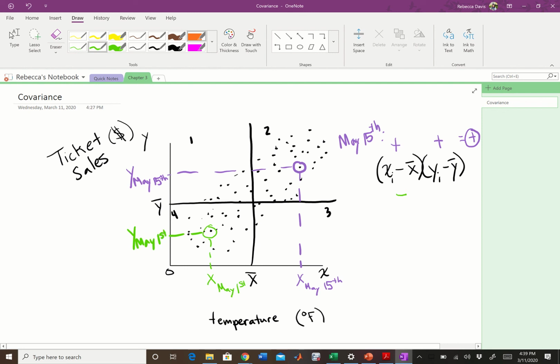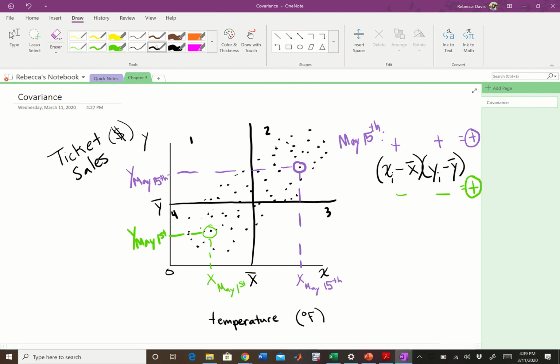And notice here that the ticket sales for May 1st were below average, which means this second set of parentheses in our covariance formula will be negative. Which means if we multiply a negative times a negative, you should end up with a positive number.